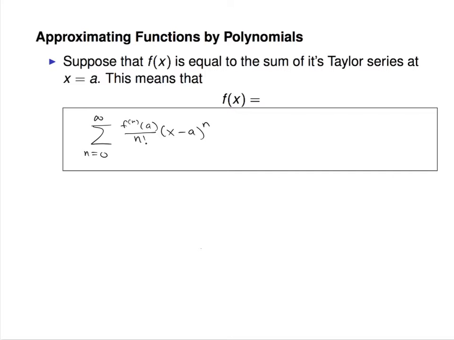Yes, I was just testing you there. And what this is useful for is this lets you estimate f of x near x equals a. You get an approximation of your function.